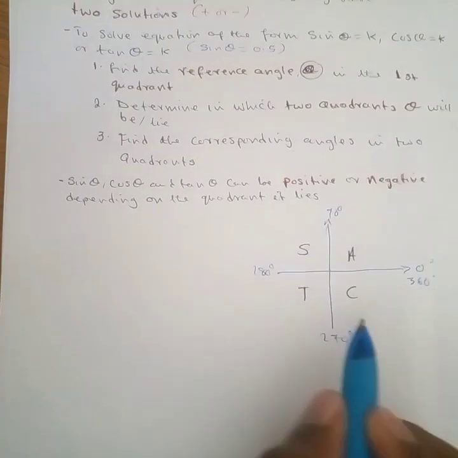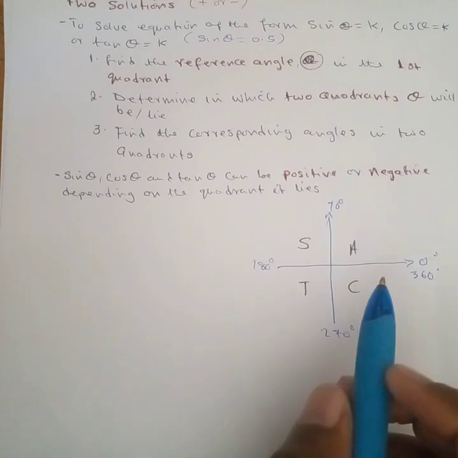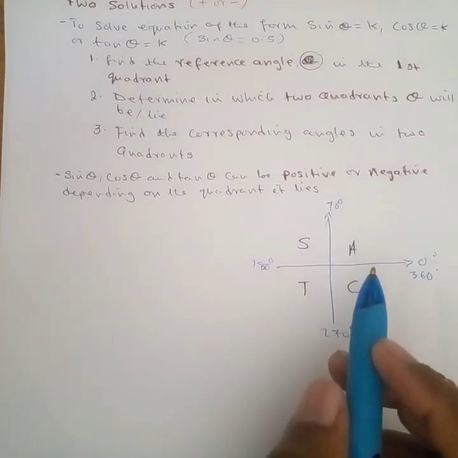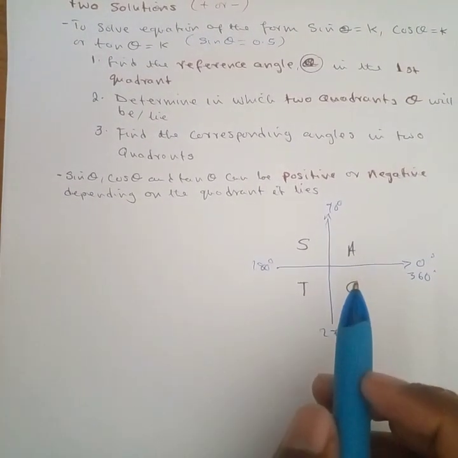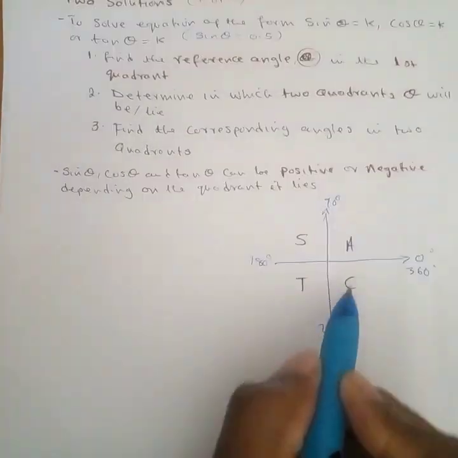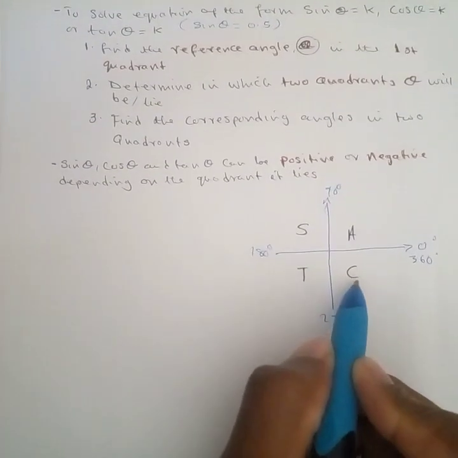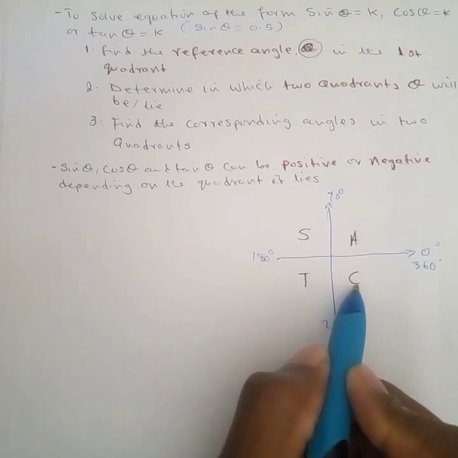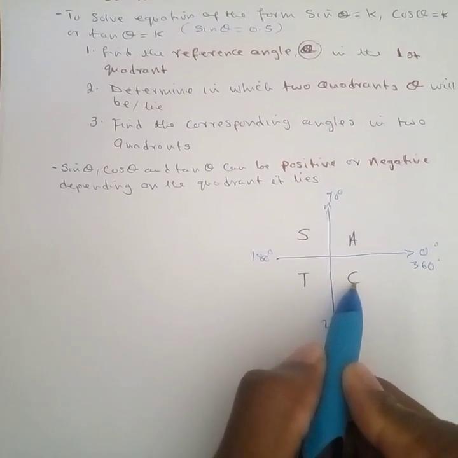In this diagram, you should be able to know where sine is positive, where cos is positive, where tan is positive, where sine is negative, and so on. CAST stands for cos: in this fourth quadrant, cos is positive.